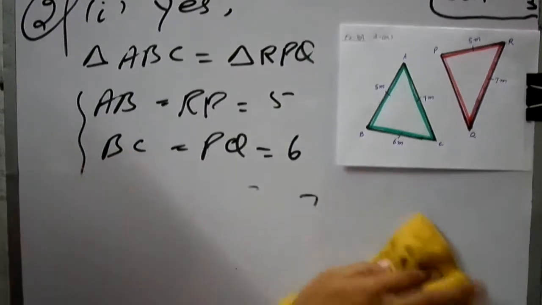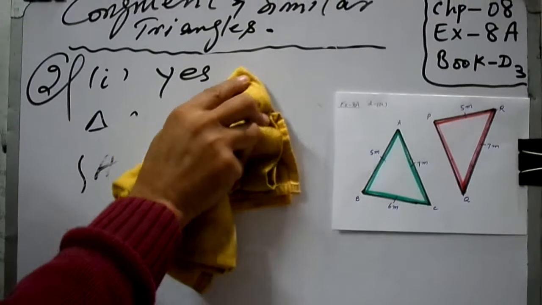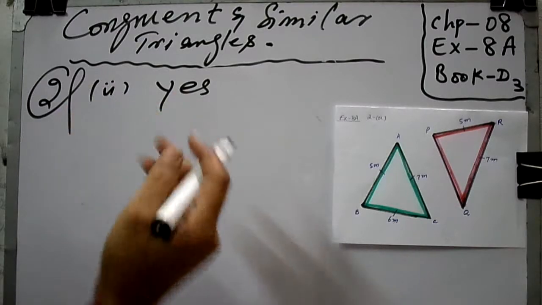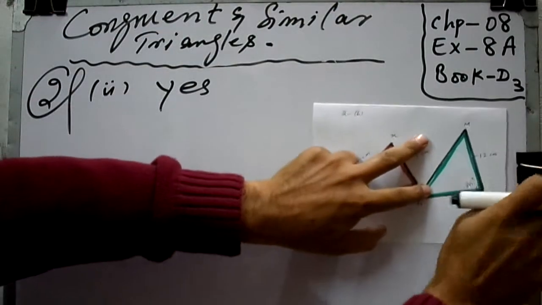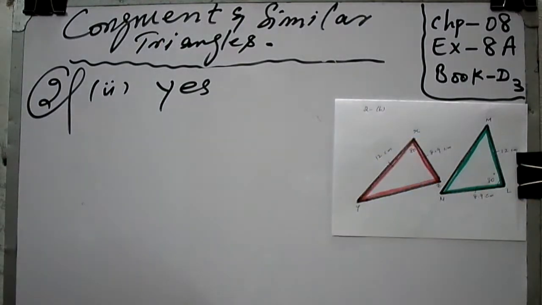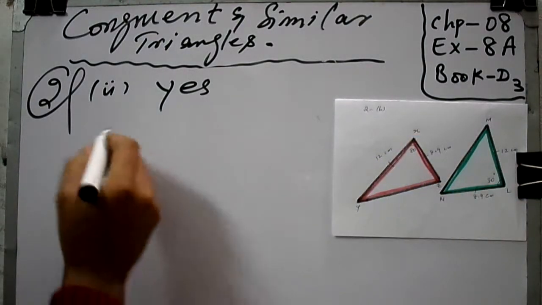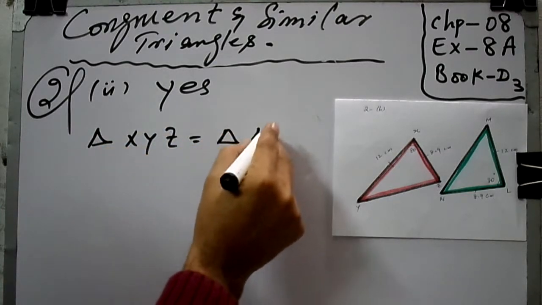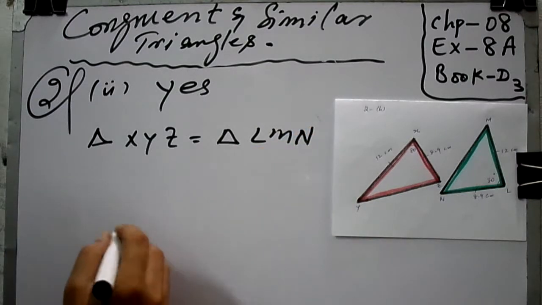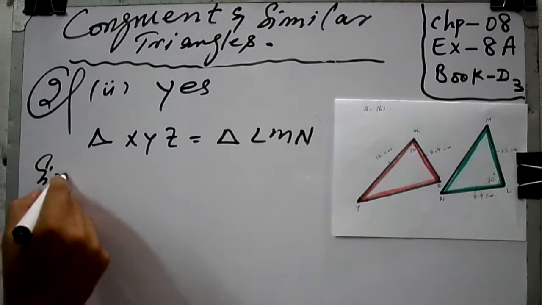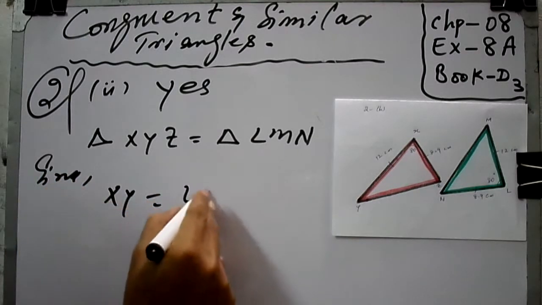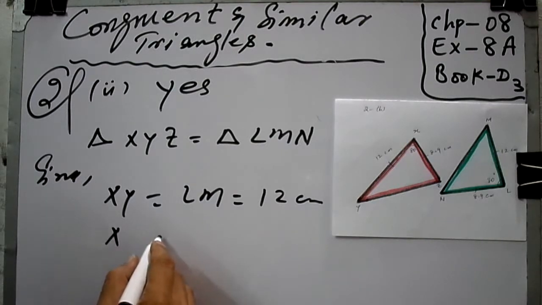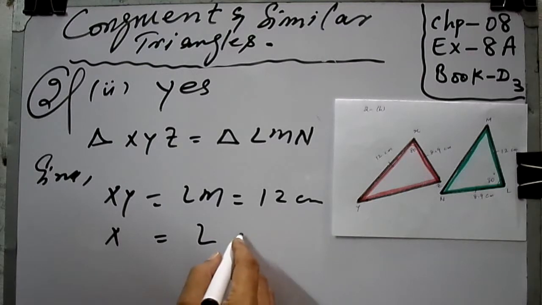Similarly, in part B, you can see he also said in the second part that yes, we have seen these two triangles are also similar to each other. That is, triangle XYZ is equal to triangle LMN. Why? Because side XY is equal to LM, which is equal to 12 centimeter, and the angle X is equal to the angle L, which is equal to 80.